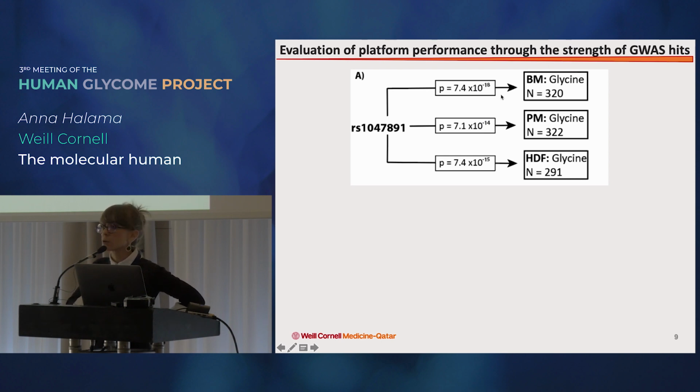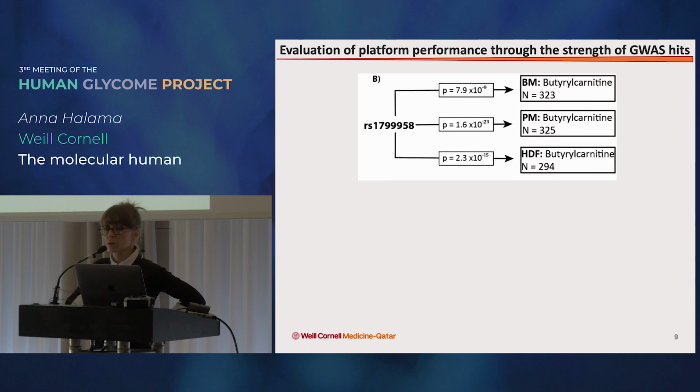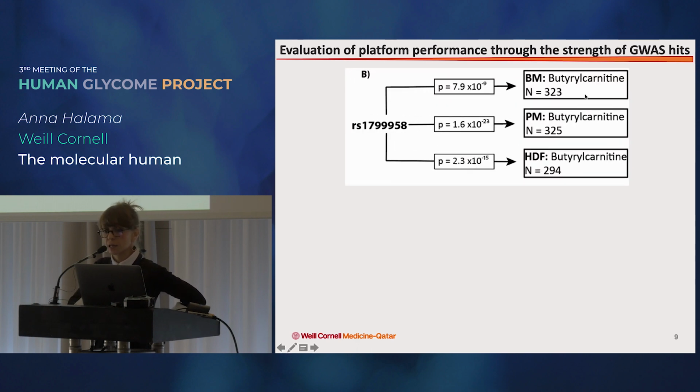Based on this graphic, we can conclude that BM, which is the Biocrates platform, performed the best out of the others. But if we look at another example, measuring another metabolite, for instance butyryl carnitine, we see that the Biocrates platform is not the best for this particular molecule, right?